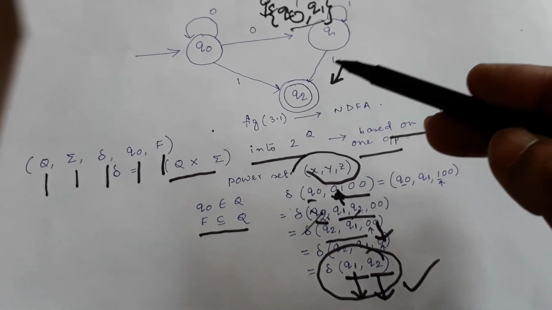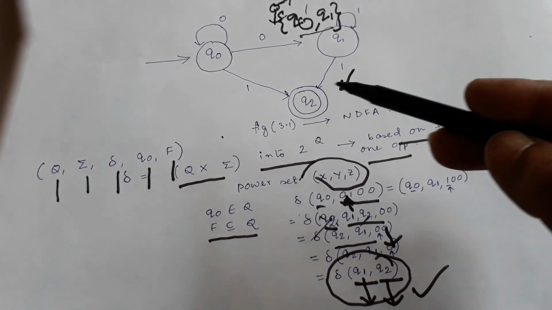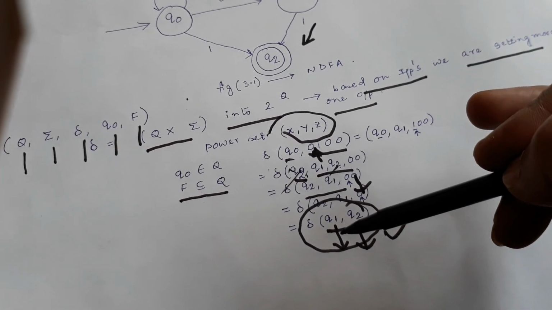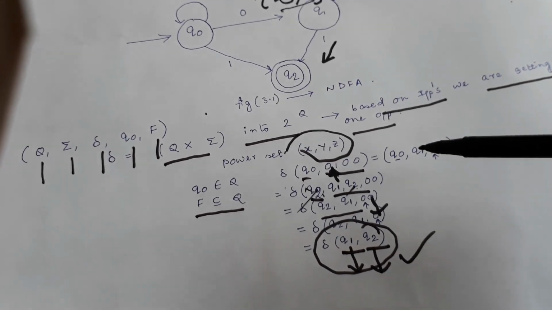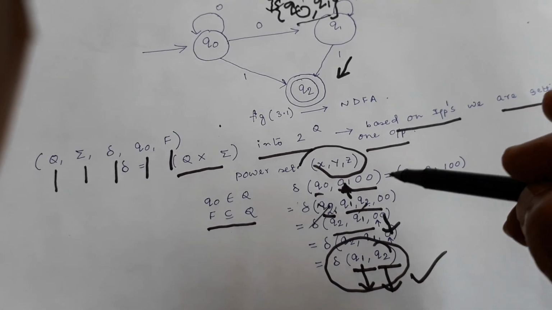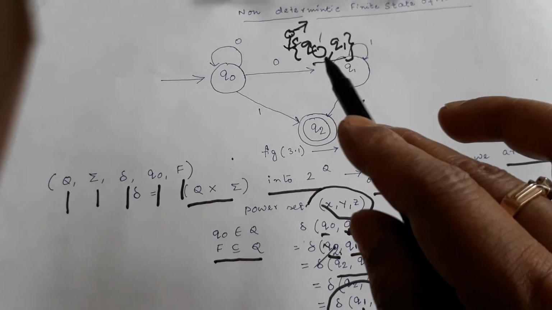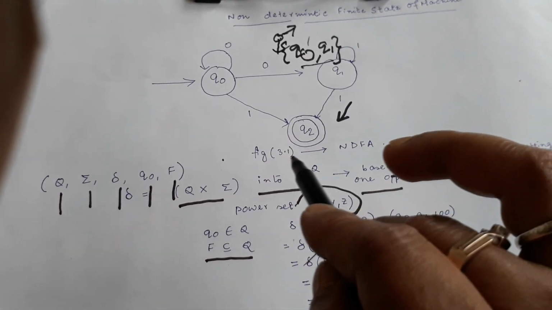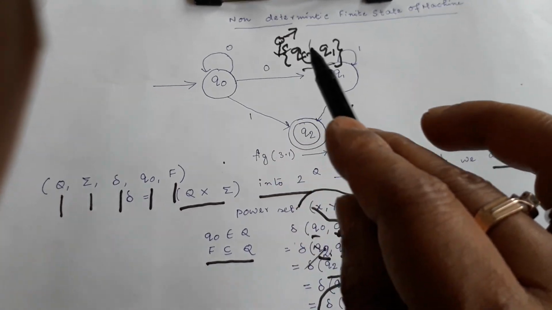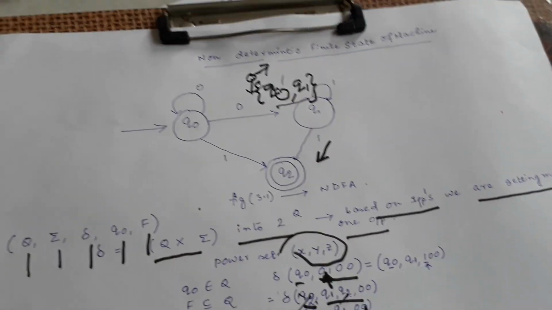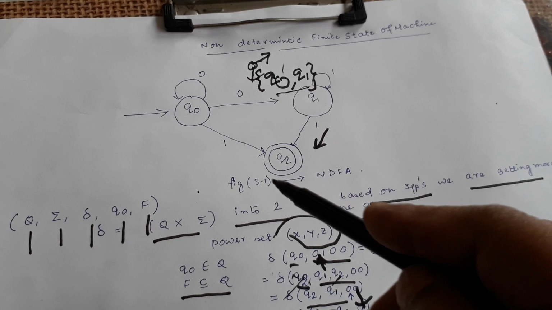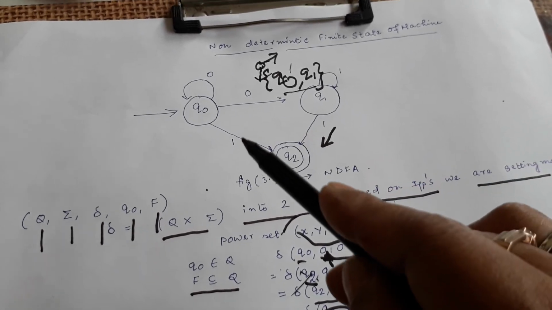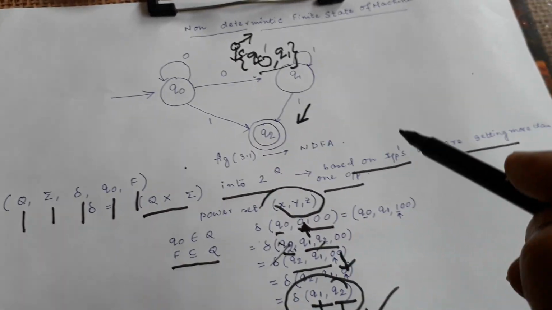Now q2 on 0, no more processing is there, so finally we have q1 and q2. In this way 0100 is processed. The string, which we get externally, has been processed by this particular diagram, that is figure 3.1.